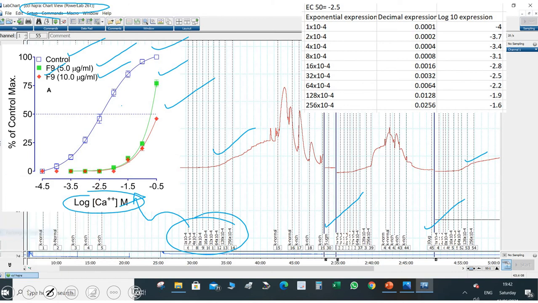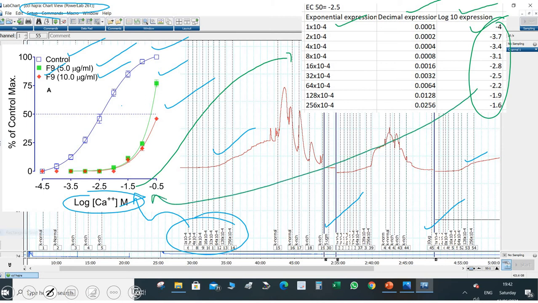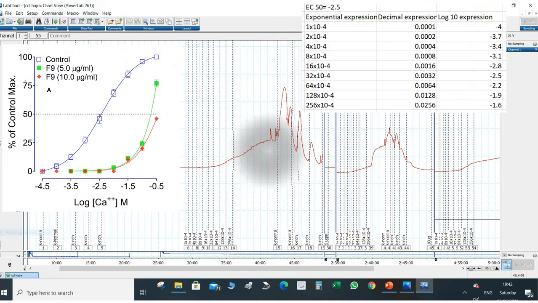This is for your understanding. 1 into 10 raised to the power minus 4 is expressed in decimal form, then converted in the Excel sheet as a log 10 expression, and here is this value. So we have plotted these log values on the x-axis, meaning the concentration of the calcium, and the response is plotted on the y-axis. So you will get a curve like this one.